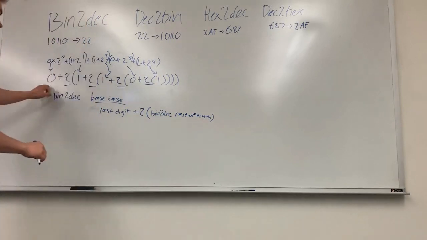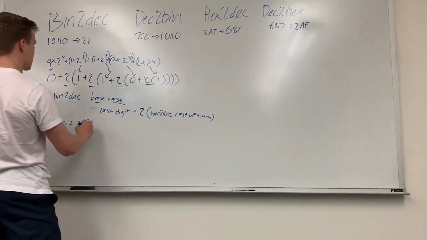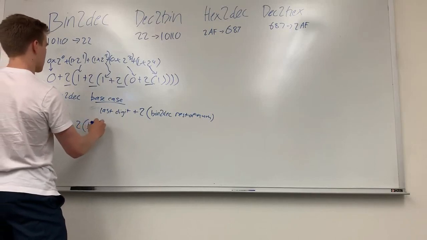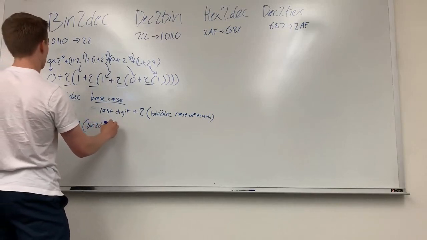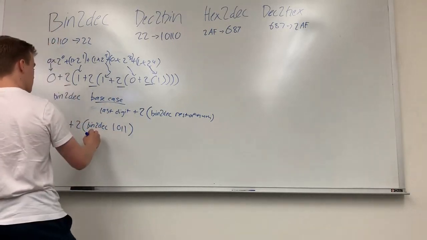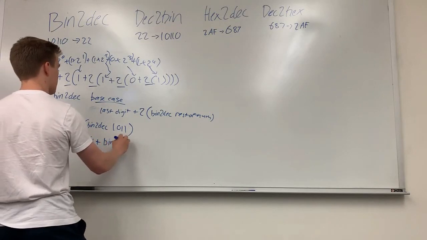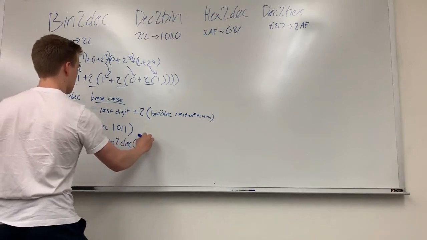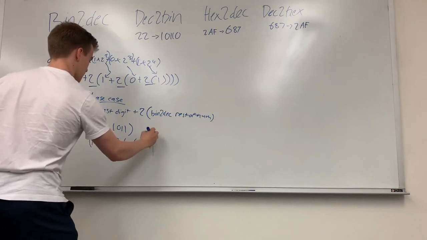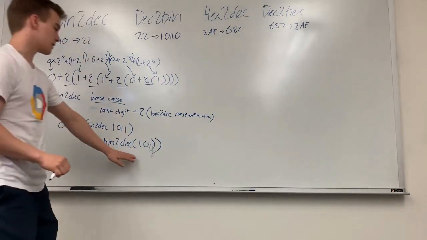So that's what I did here. I can write it as 0 plus 2 times bin to dec 1011. And this we'll call 1 plus bin to dec 101. And this will keep going.